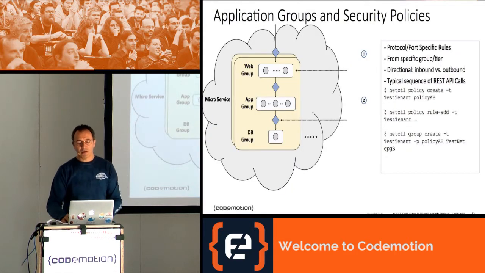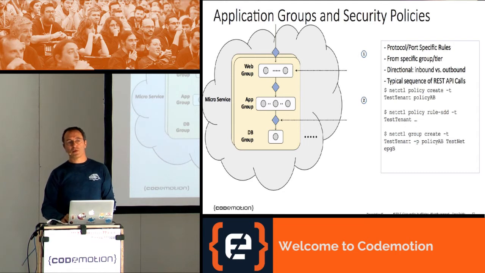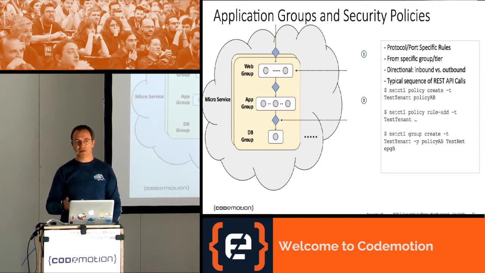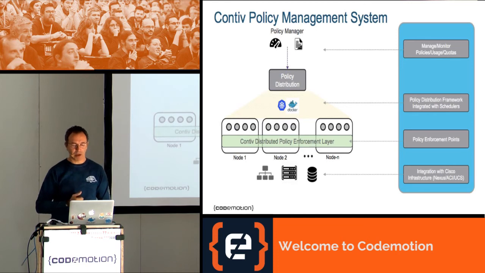So there is a command line tool to define policies. We also have a graphical user interface and REST API so that you can integrate Contiv from whatever environment you prefer to work. So you can create policies, you can add rules, you can apply those policies to the groups. You will see that in the demo later.